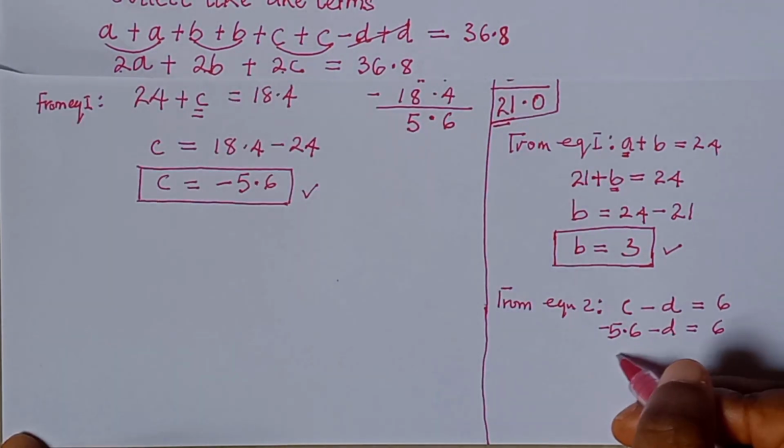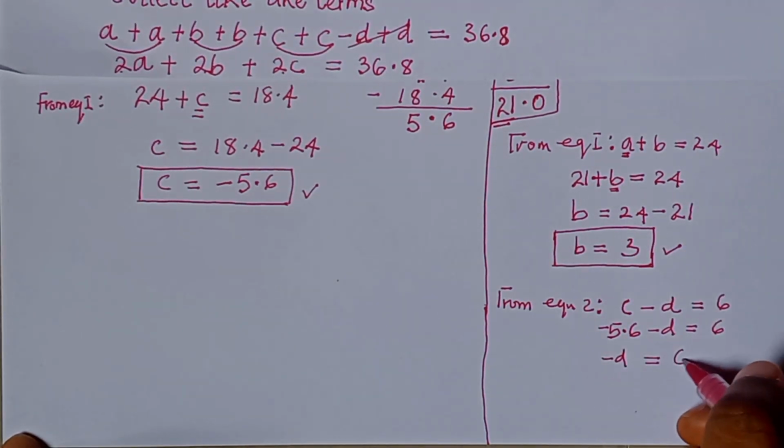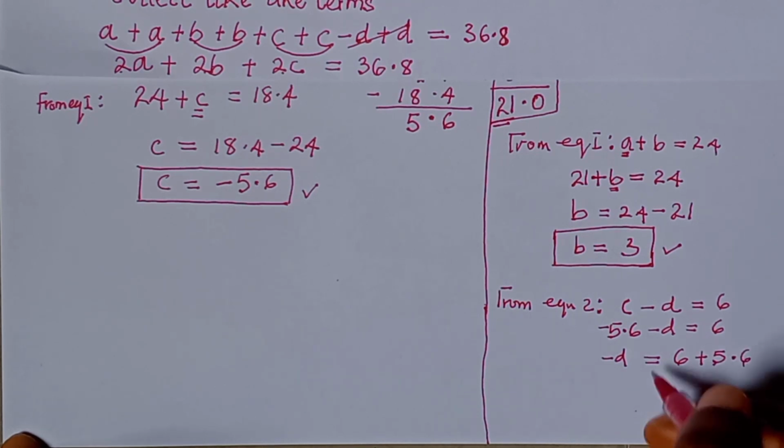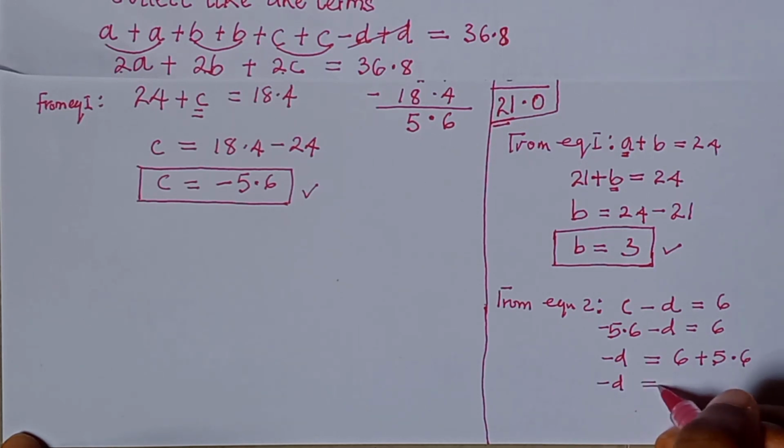We find our D to be minus D equals 6. This crosses the equality sign. We have plus 5.6. So minus D there equals 6 plus 5.6.